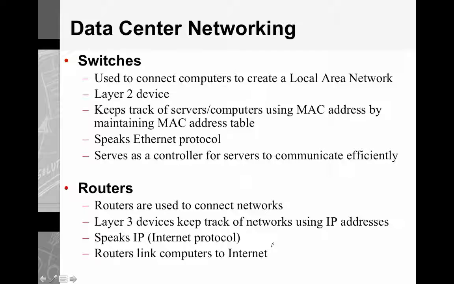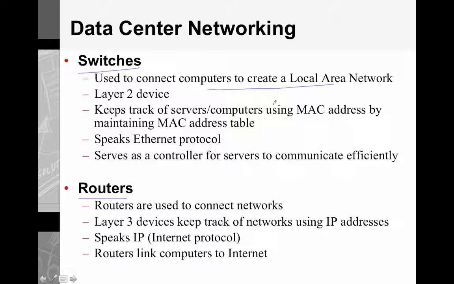Before we talk about data center networking, I should talk about 2 different network devices, and they are switches and routers. Switches are used to connect computers to create local area networks. So like I said, in a data center, you would take maybe 20, 30, or 100 servers and connect them into a local area network.